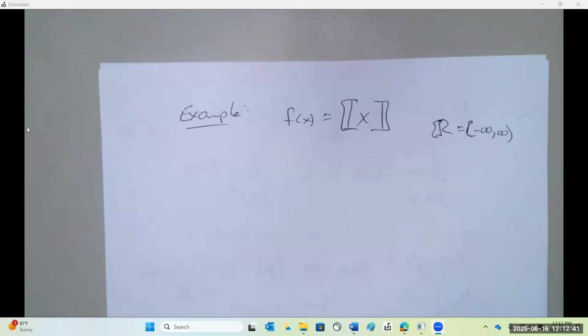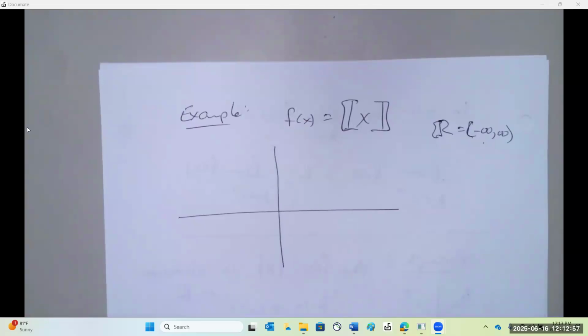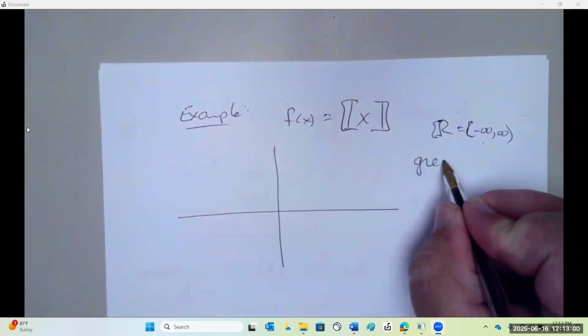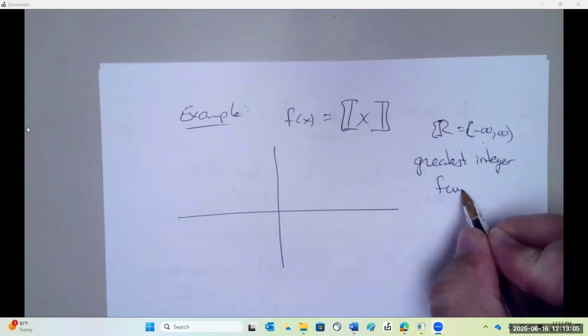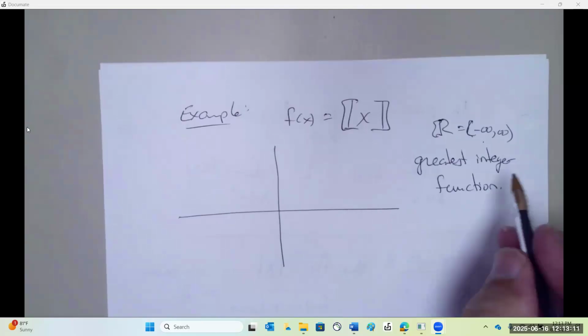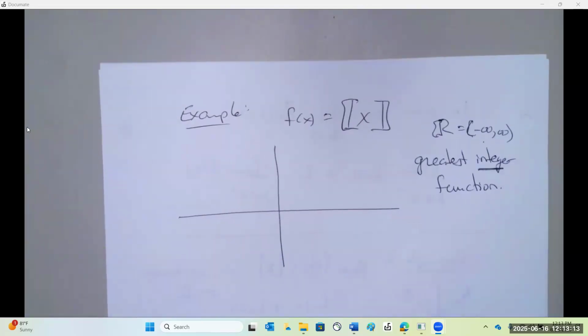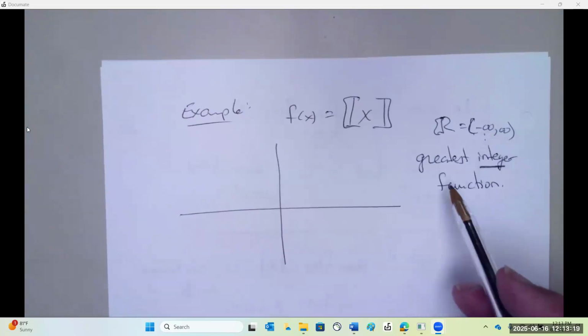There's no limitations. We service everybody from everywhere, so that's negative infinity to positive infinity. What's the graph look like? What's the name for this function? It's called the greatest integer function. The name gives it away. We only use integers. Even though the domain is all real numbers, the answer is only integers.